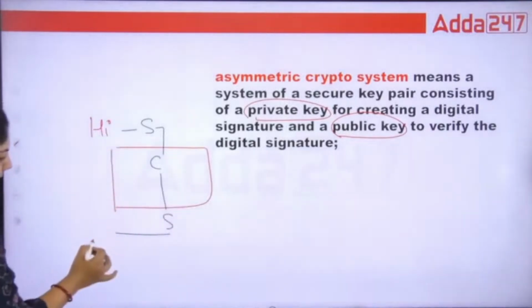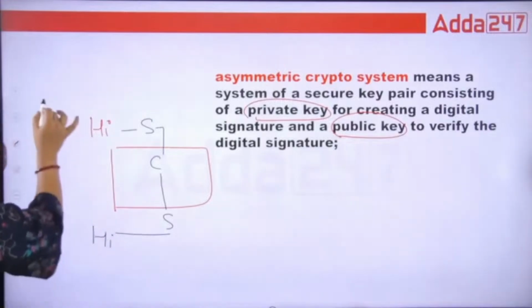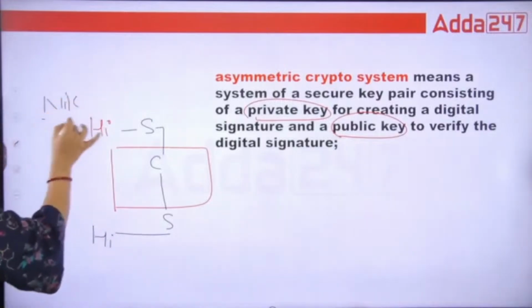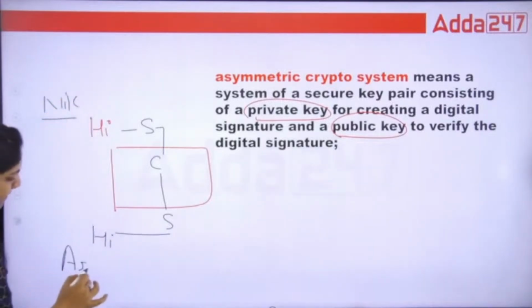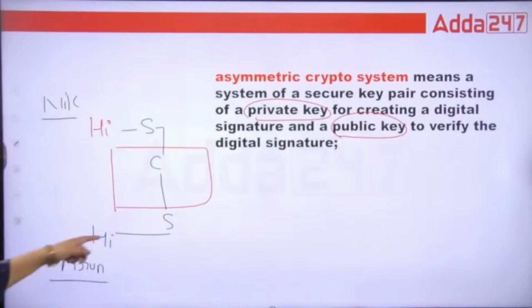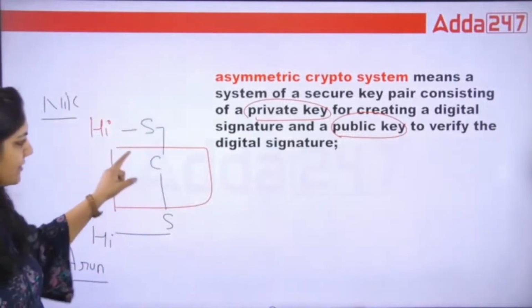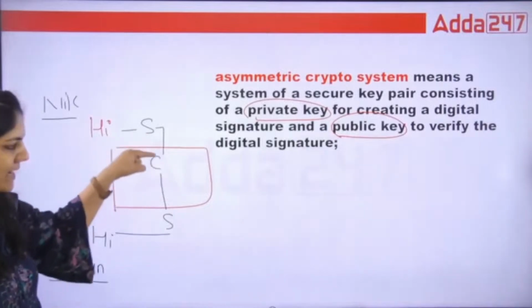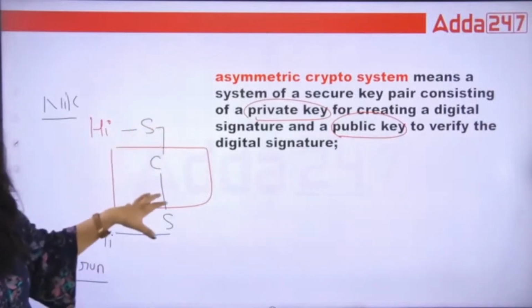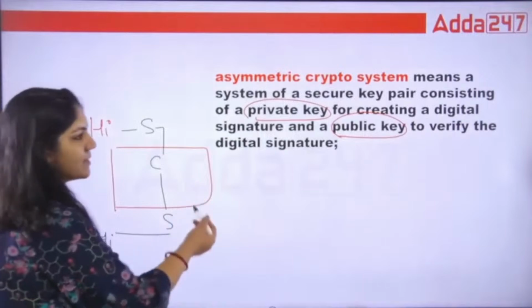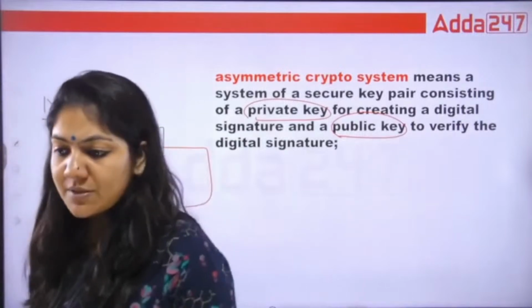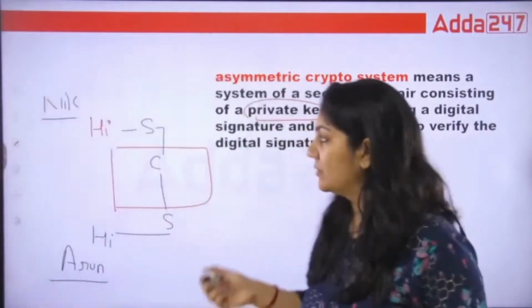Suppose Nikita ma'am is saying hi to Arun. So what is this? The process of converting simple language into computer language is the work of the key. This also comes in your exam about private and public.